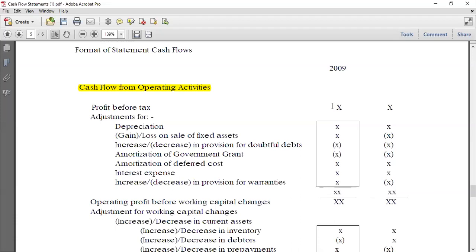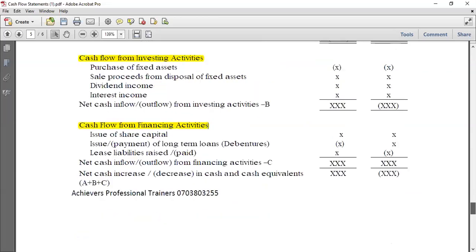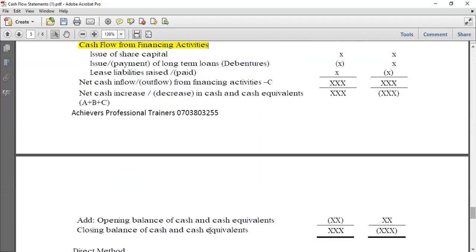So the cash flow statement is one that makes the adjustments on that profit to give us what we call our cash balance, which is the closing cash balance that we derive here. So it's basically making a reconciliation between the profit you have and what you have in the bank account, which is usually the last figure that we have there.